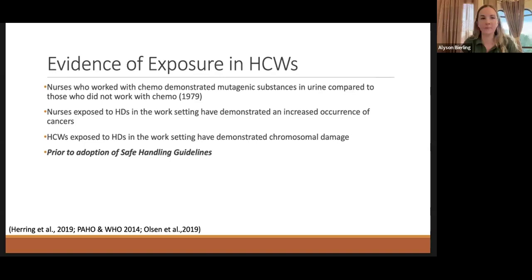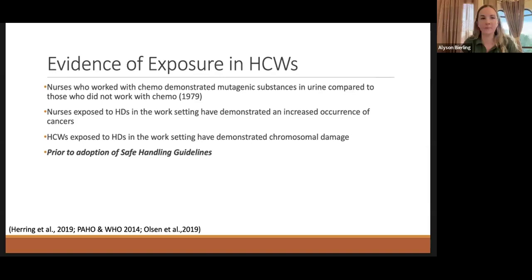There was a study done in 1979 that found that nurses who were working with chemotherapy demonstrated mutagenic substances in their urine compared to those nurses who did not work with chemotherapy. So this was kind of the initial inkling that exposure to chemotherapy might have some impact on nurses.